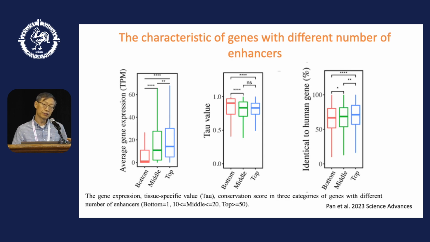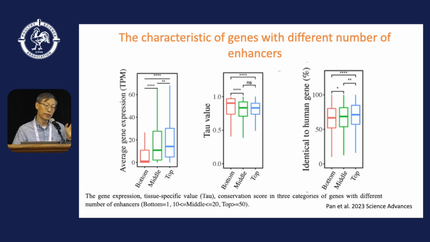One of the interesting things we want to see is that some genes are targeted by only a few enhancers, but some genes are targeted by many enhancers, and whether the gene expression is different. If you look at it here, we divide it into 3 different categories. The bottom one is targeted by only 1 enhancer. The medium one is between 10 to 20 enhancers.